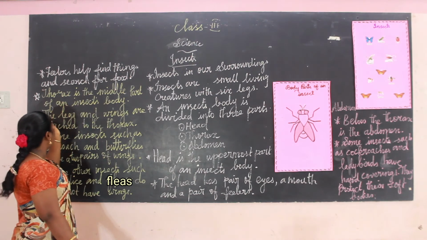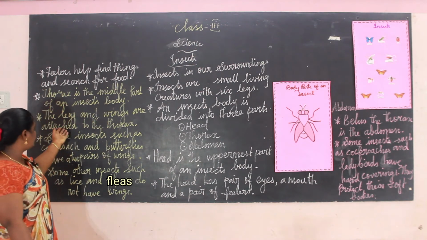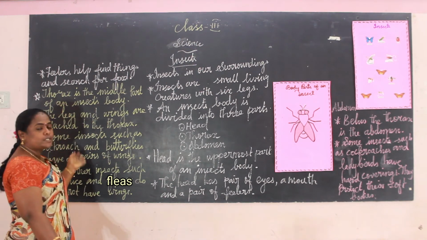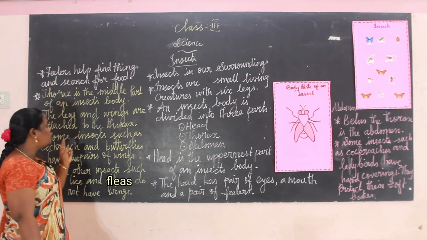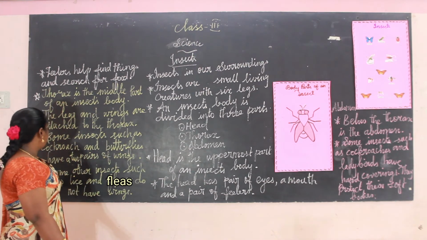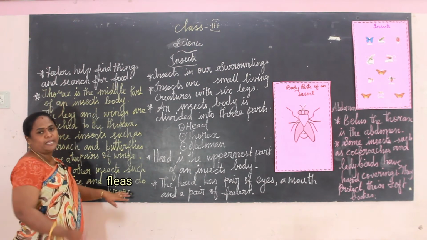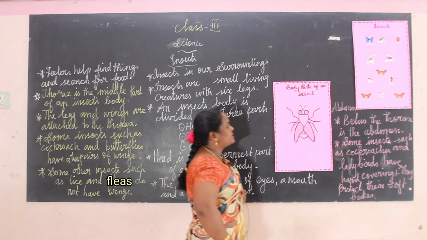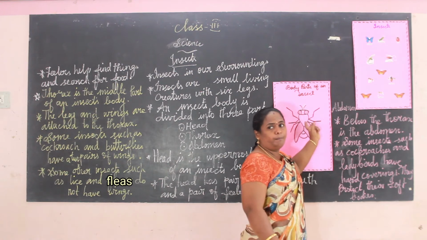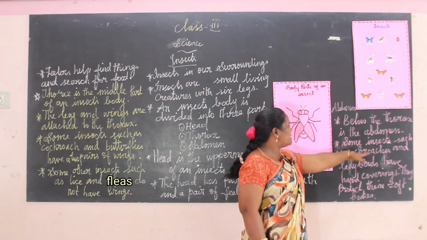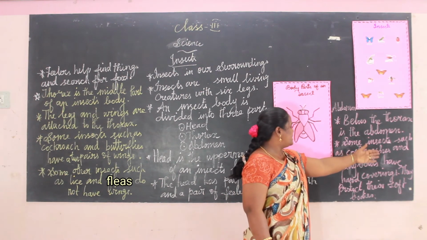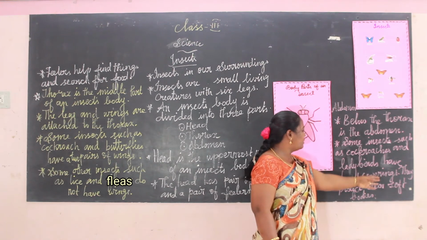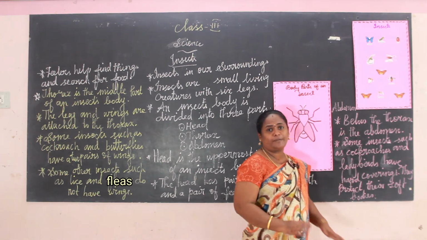The legs and wings are attached to the thorax. Some insects such as cockroaches and butterflies have two pairs of wings, and some other insects such as lice and fleas do not have wings. Below the thorax is the abdomen. Some insects such as cockroaches and ladybirds have hard coverings that protect their soft bodies.